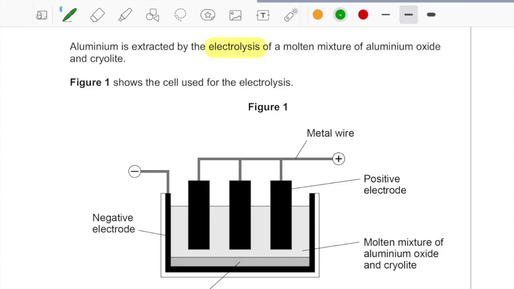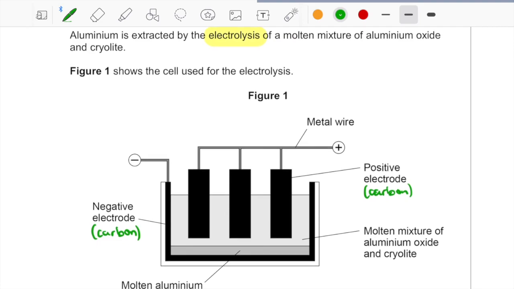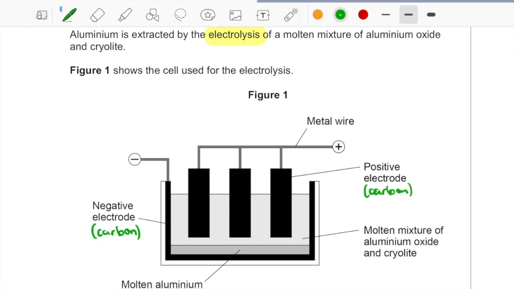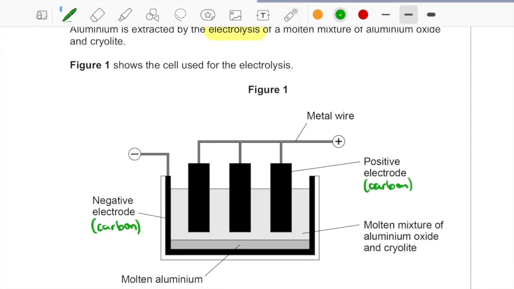And what you have to remember when it comes to the extraction of aluminium is that those electrodes are made of carbon. This is going to be relevant. Okay, so that's also made of carbon. So both of them are made of carbon. Okay, so I'm just getting some of the information ready for perhaps a moment or two.